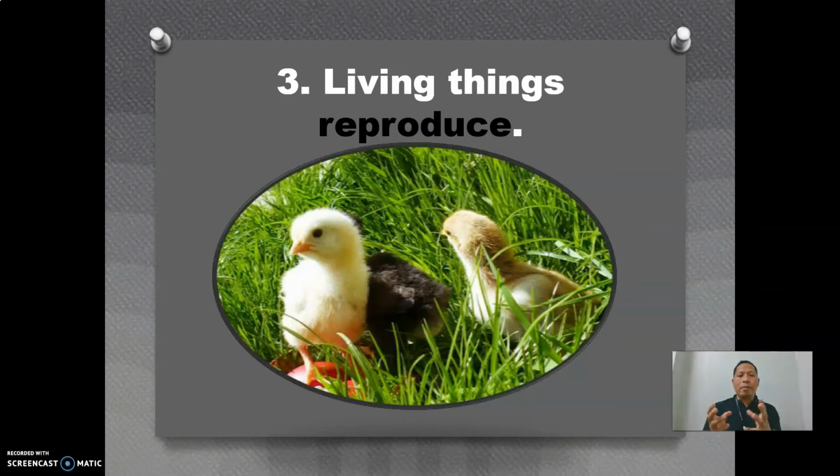And eggs become chicks. And chicks become chickens, meaning it is a cycle. The chicken can produce eggs again, and then the egg becomes a chick and then a chicken. Okay, it's a cycle, reproduce.